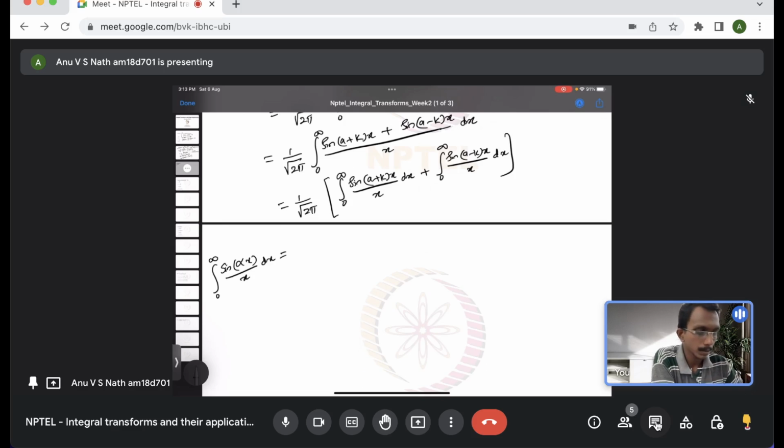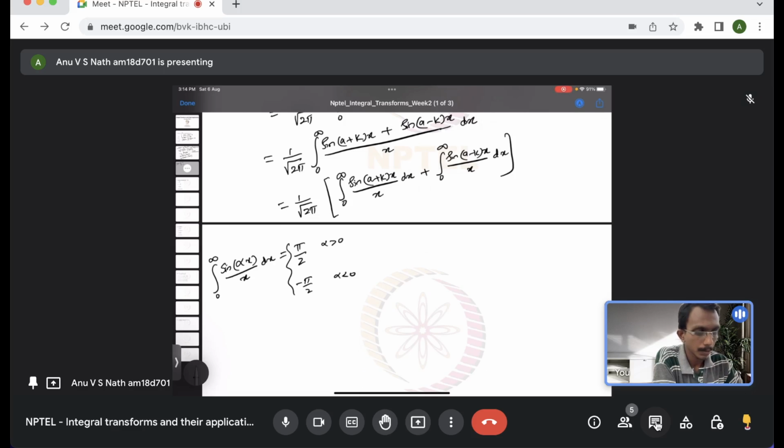Okay, this is actually a standard integral that should be well known. So its value is pi by 2 for any real alpha greater than 0, and it is minus pi by 2 if alpha is less than 0.